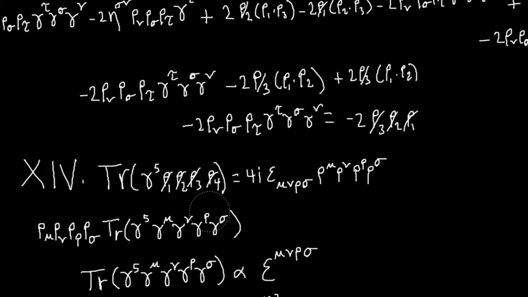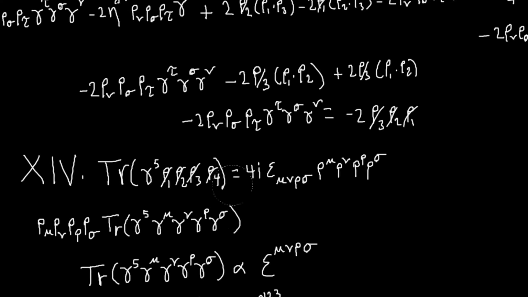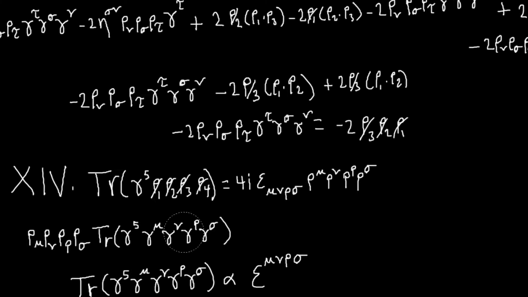And one thing we can notice here is that if we had any repeated gamma matrices, so that there was one unused gamma matrix, then we could use that unused gamma matrix to insert an identity and then anti-commute. Because we have an odd number of matrices here, we can prove that it's 0 in the usual way.